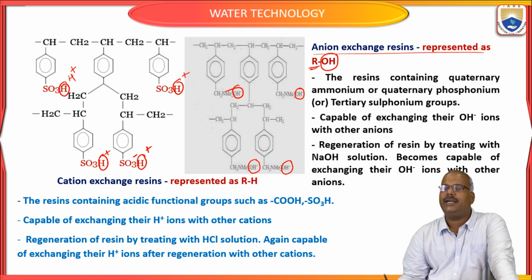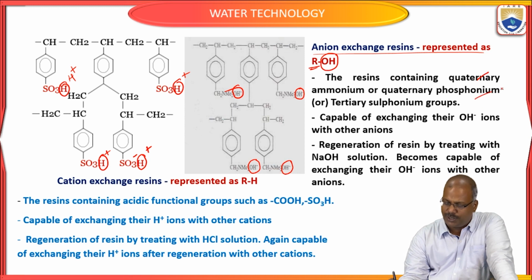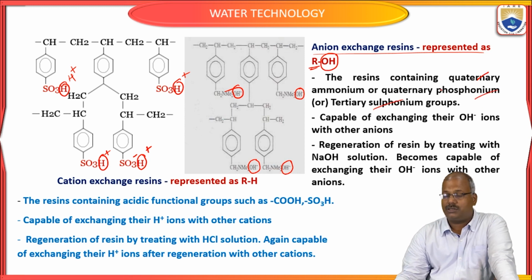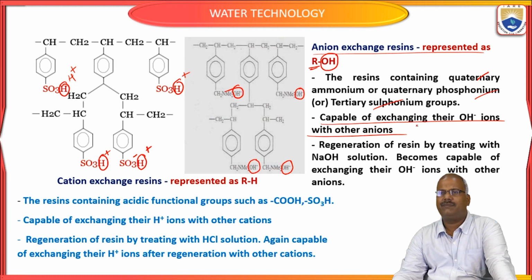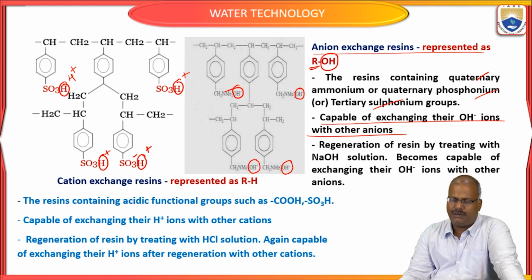The resins containing quaternary ammonium or quaternary phosphonium or tertiary sulfonium groups are capable of exchanging their OH minus with other anions: chloride, sulfate, nitrate, different anions.